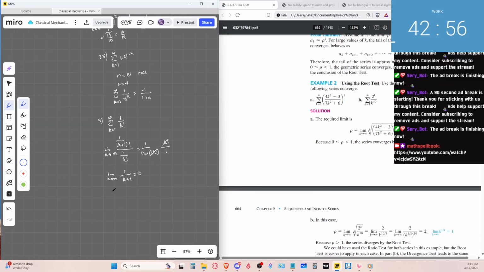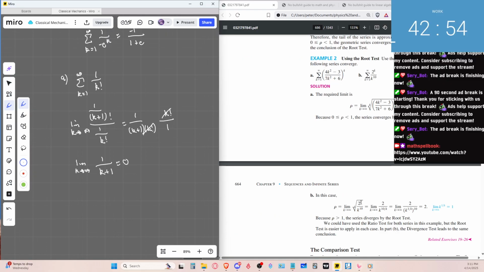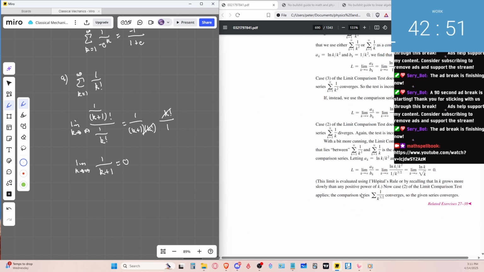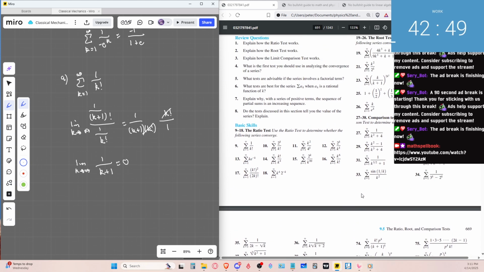So this series converges by the ratio test.